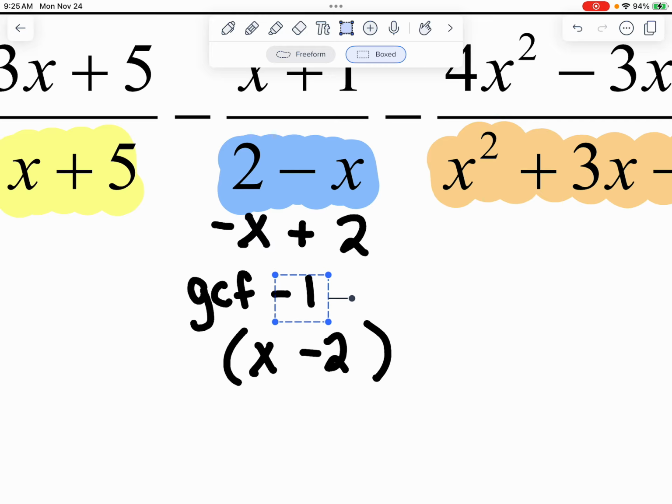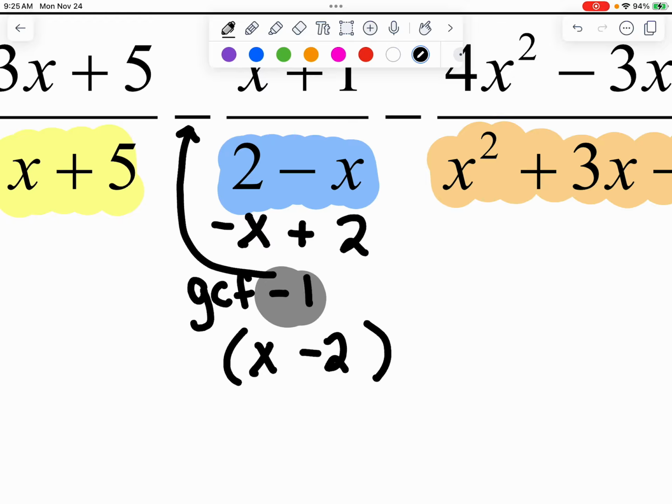But I have taught you that if you ever have a GCF of -1, you are allowed to change this sign right here. So the GCF and the negative sign are almost going to cancel each other out. So that is actually going to change to a positive sign, and now you can ignore this.